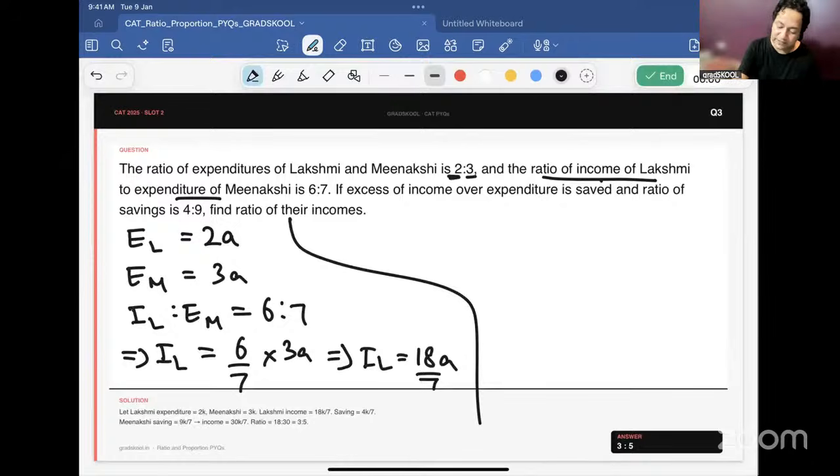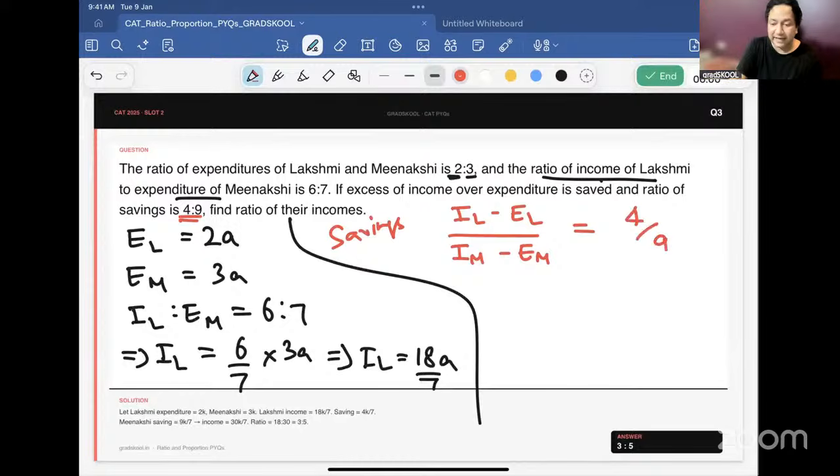Once we have done that, let's move on to the next ratio, 4:9, the savings. It says the excess of income over expenditure is saved, and the ratio of savings is 4:9. So (IL minus EL) upon (IM minus EM) are the ratio of savings, since saving is income minus expenditure. This is given as 4/9.